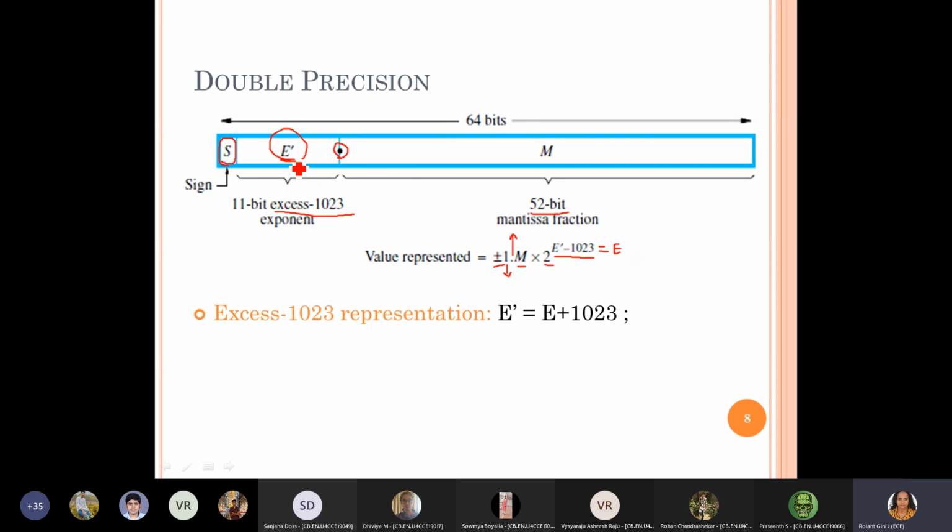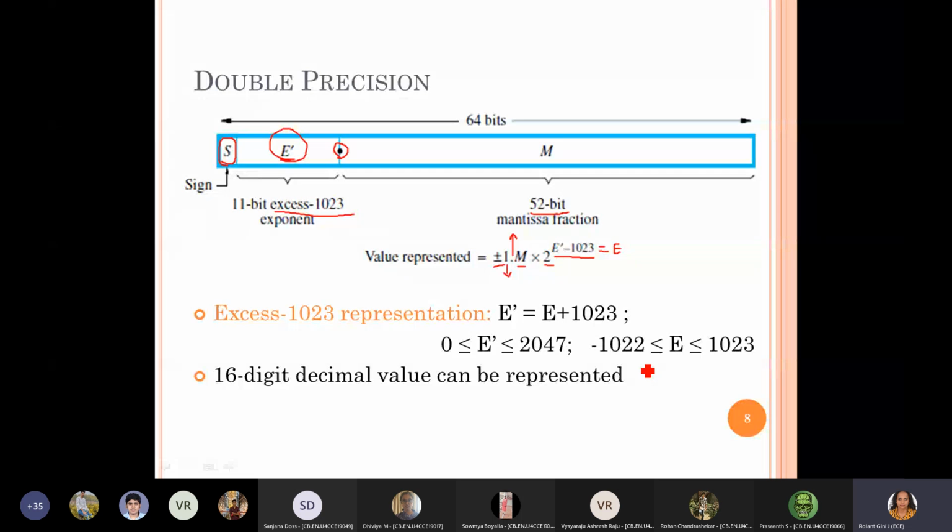So don't forget it. Don't simply write the E value there, then it is wrong. So your E dash will range from 0 to 2047, totally 2048 combinations, and your E value will range from minus 1022 to plus 1023. Okay.